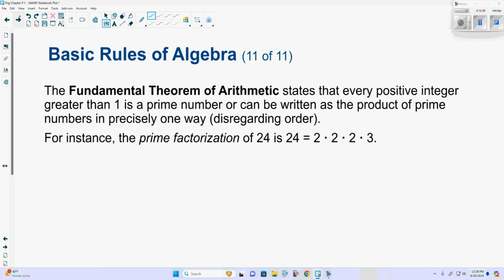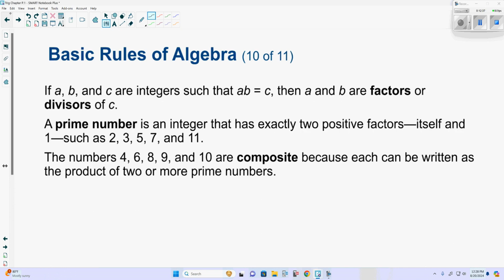So nothing really new. A prime number is an integer that has exactly two positive factors, itself and 1, such as 2, 3, 5, 7, 11, going on. 1's not prime because it can't be itself and 1, so they exclude 1. The numbers 4, 6, 8, 9, and 10 are composite because they can be written as the product of two or more prime numbers.